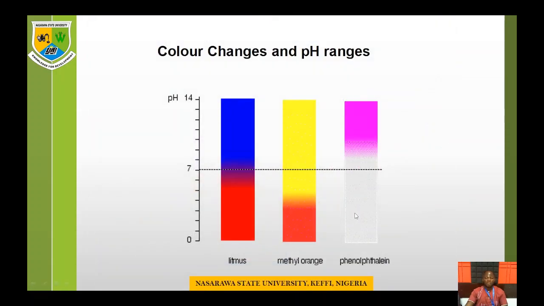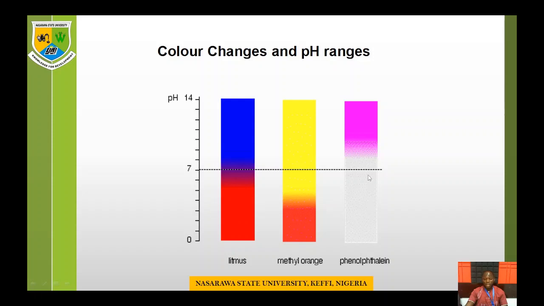So, color changes and pH ranges. Using litmus paper, from pH above 7 up to 14 there is a deep blue coloration. Then pH of less than 7 down to 0 there is a sharp pink or red coloration. When methyl orange is used, there's a sharp yellow color change for the alkaline, and then a sharp red or pink coloration for the acidic solutions.